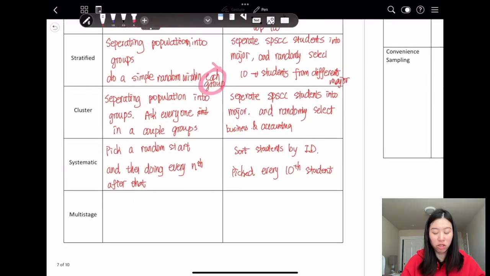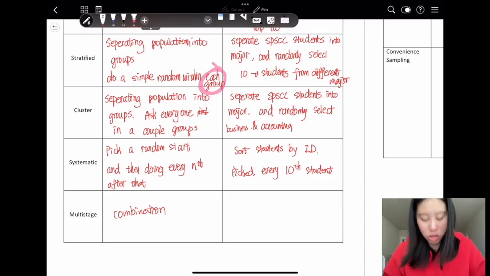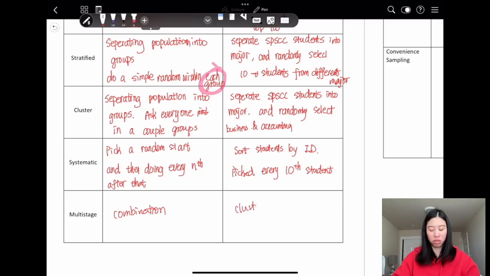The multi-stage sampling method is a combination of sampling methods. That means you can do stratified and cluster at the same time, or you can first separate into groups and then randomly pick two groups, which is cluster, right?